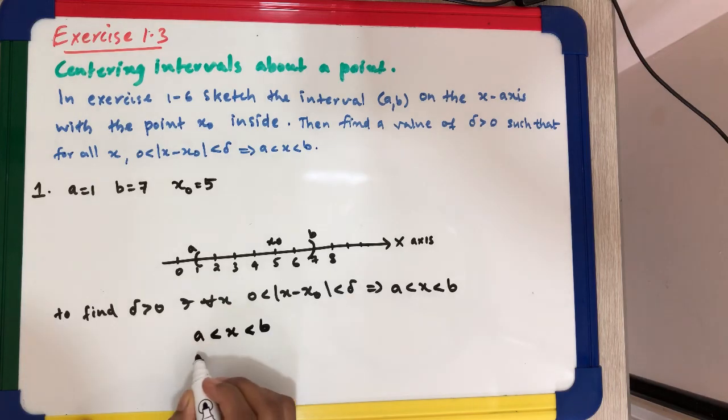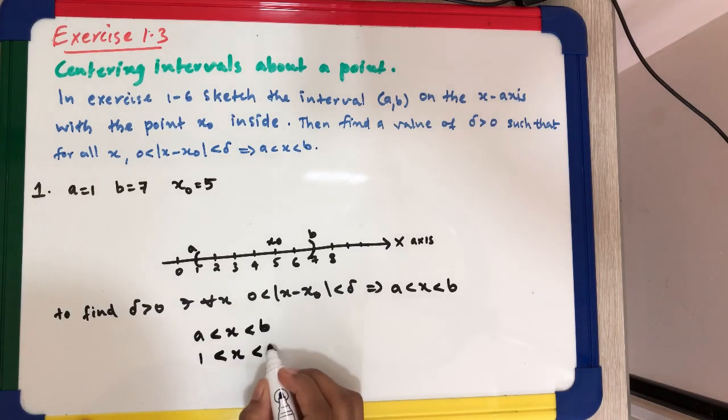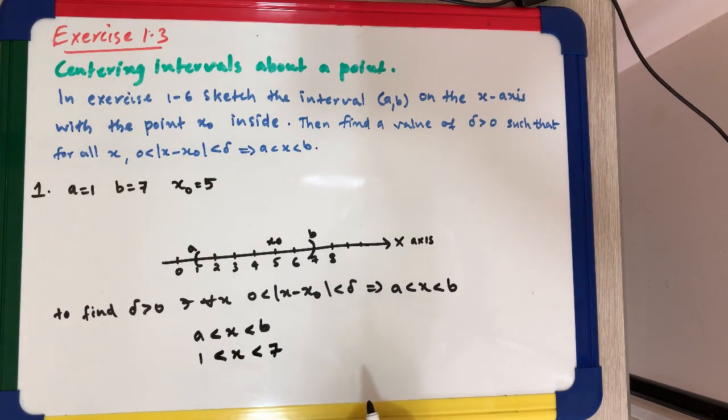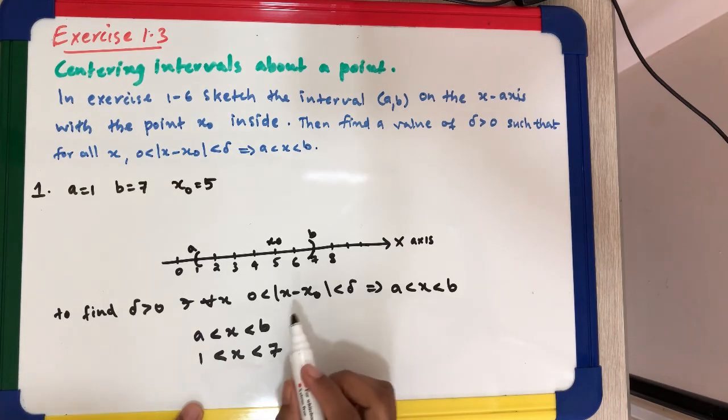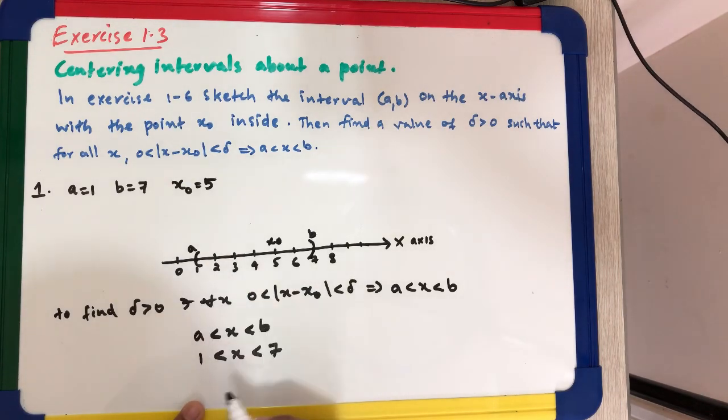Here a is equal to 1, b is equal to 7, so the interval is 1, 7. Then we have to find a delta satisfying this, x minus x0. Here x0 is equal to 5. Therefore x minus x0 is x minus 5.